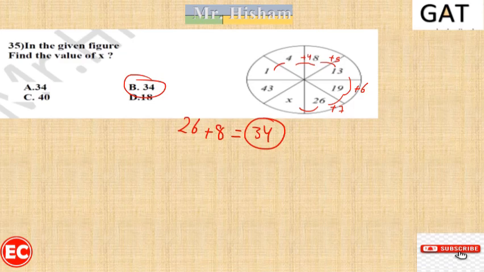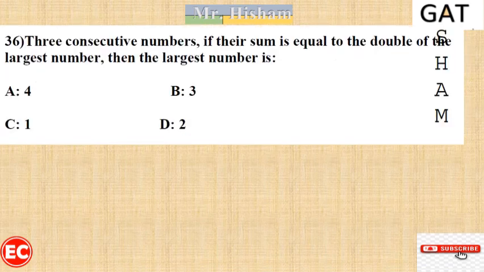I know that it may take a little bit of thinking to reach this rule, but here is the rule I followed. For 3 consecutive numbers, the sum of the 3 numbers is equal to double the largest number. Let's assume that the largest number is 4.